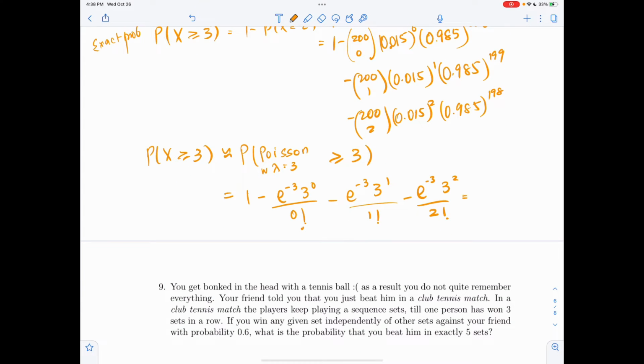So you simplify it, 1 minus 1 over e cubed. And what do you have in the parentheses? You have 1 minus 3 minus 9 over 2, which is 4.5. Okay, so put it all together.